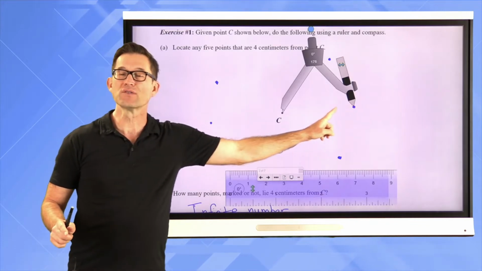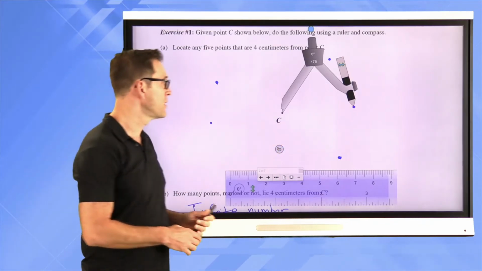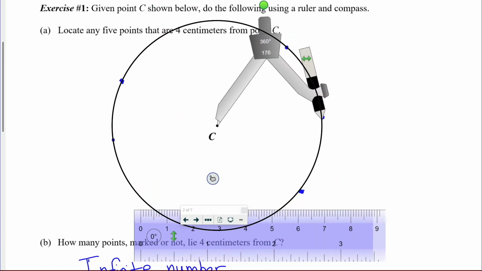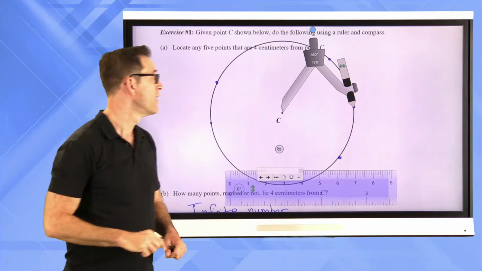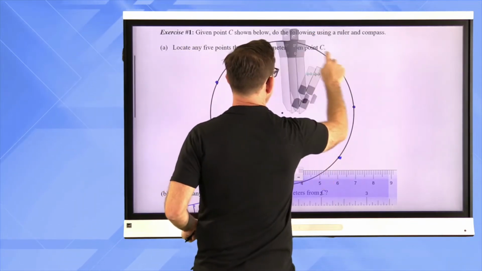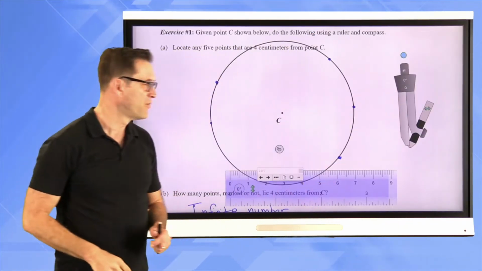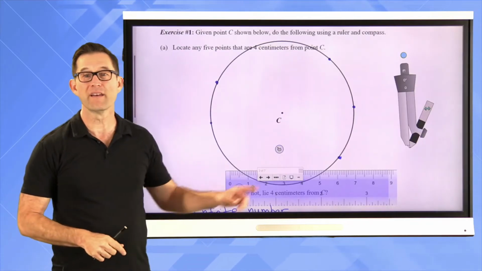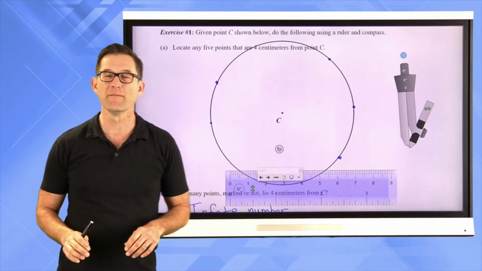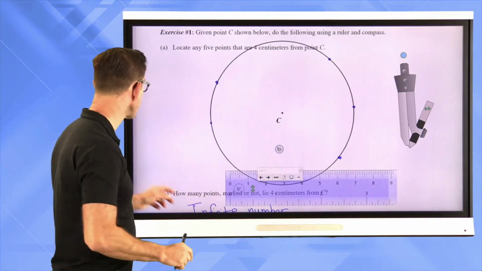I extend it out so that this length is 4 centimeters. And then I simply rotate it all the way around. And if I've done a good job in plotting those original 5 points, then my circle will go through each one of them. And it does. 1, 2, 3, 4, 5, or at least comes close, right? And that's the idea of a circle.